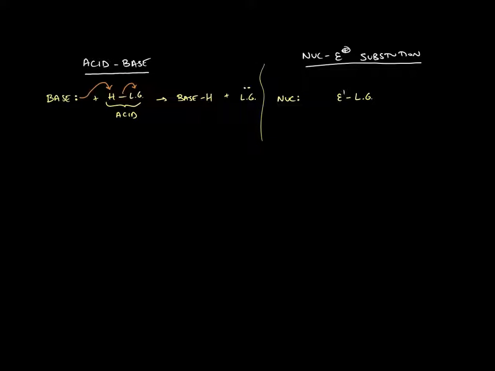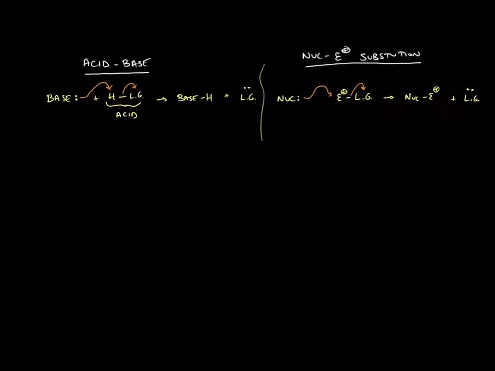Usually a carbon, but just something that we call an electrophile. And so the nucleophile shares its electrons with the electrophile, and the leaving group unshares electrons and leaves, and we are left with now the nucleophile attached to what was the electrophile, and the leaving group all by itself with a pair of electrons.